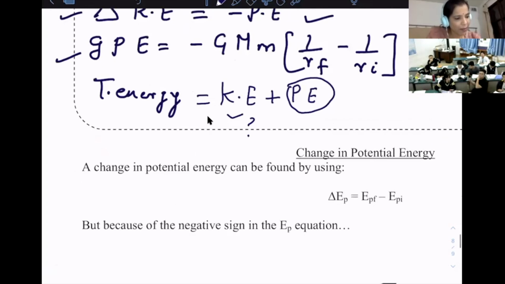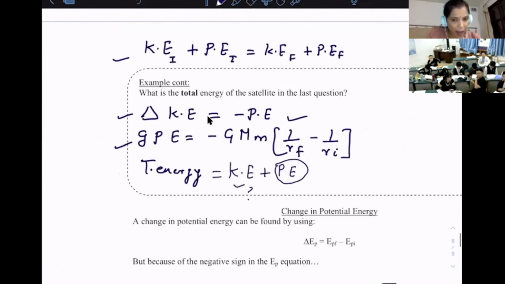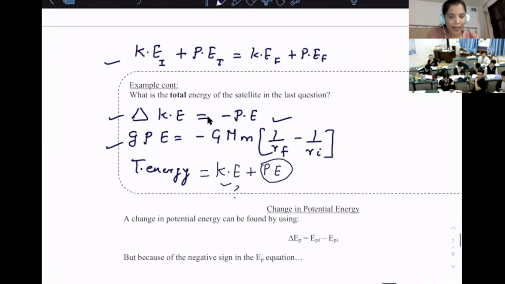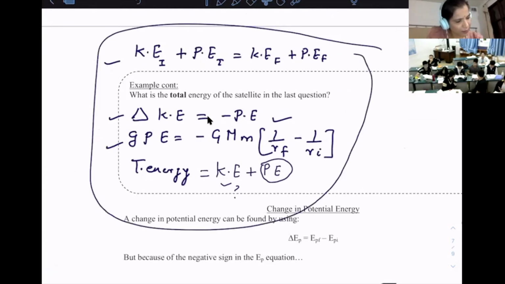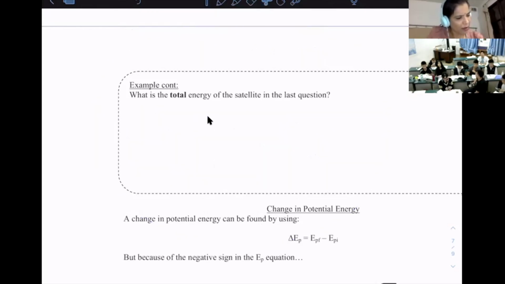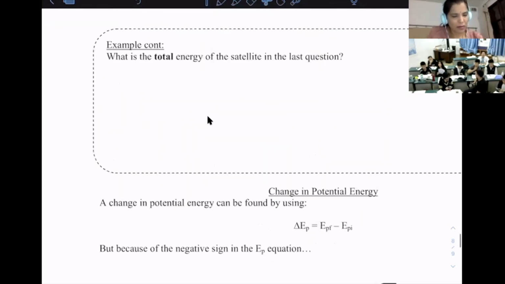So can anybody tell me, how can we find the kinetic energy here? Elan, can you please help us? The kinetic energy is equal to 0.5 times the square of the velocity times the mass of the satellite.